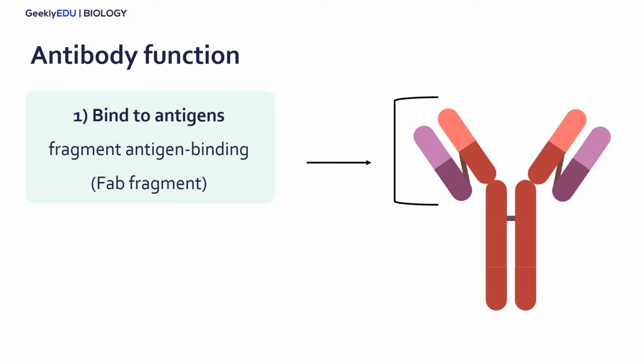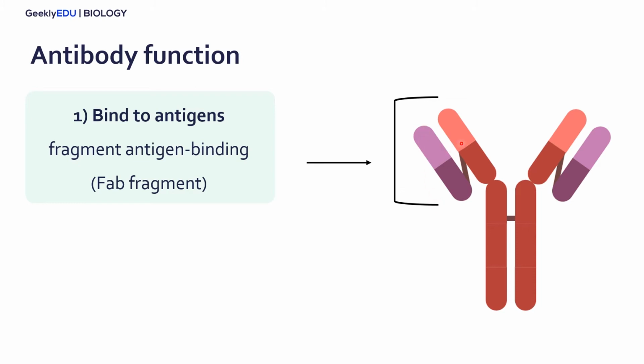Specifically, antibodies are composed of this structure which looks like a Y shape, and this structure helps with its function. So the first function of an antibody is to bind to antigens. And so this top part of the antibody, the top part of the Y, is the fragment antigen binding, or the Fab fragment.